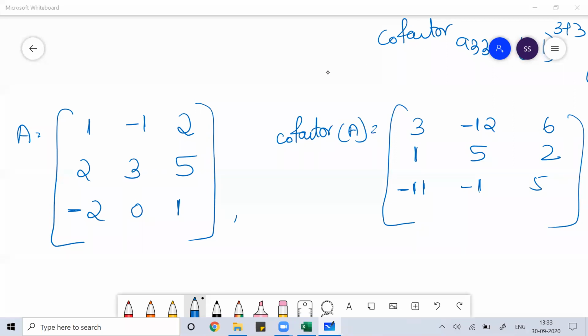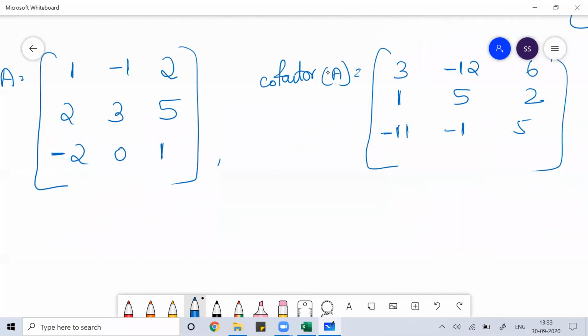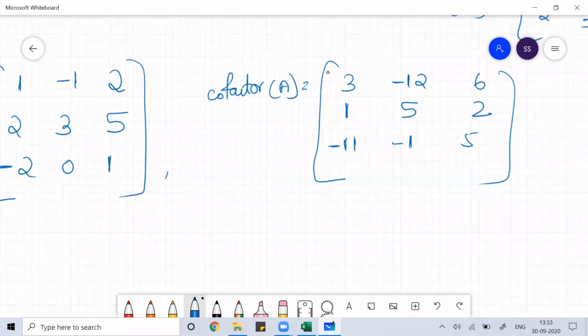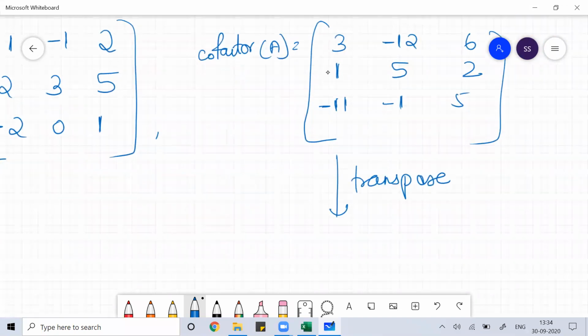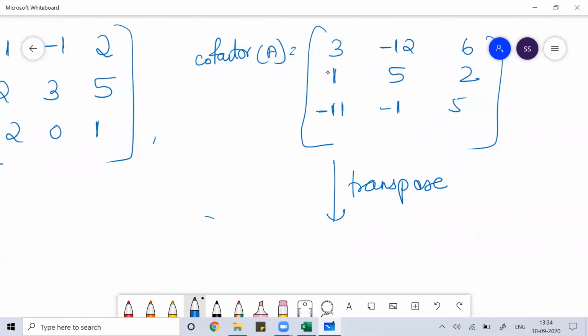Once you get the cofactor of A, if you do the transpose of this cofactor, that is 3 -12 6, then 1 5 2, and then -11 -1 5.